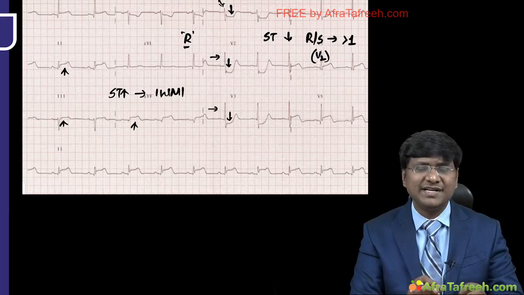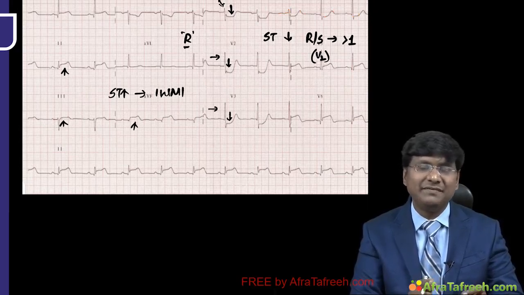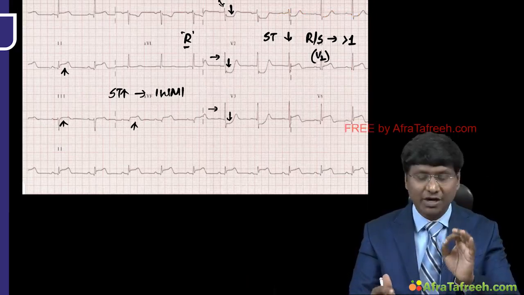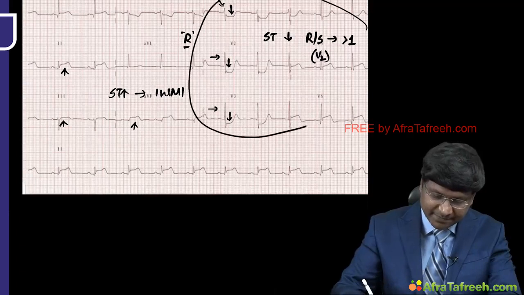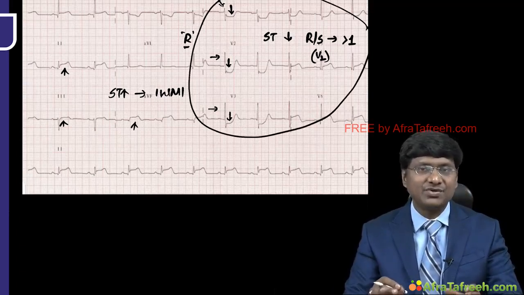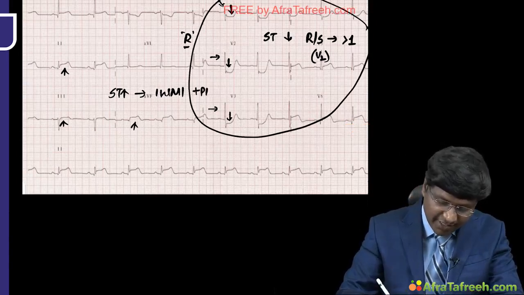Once this posterior descending artery is blocked, the individual will develop posterior wall MI. So these changes, that is dominant R wave in V2, V3 and R by S ratio more than 1, are all suggestive of posterior wall MI.